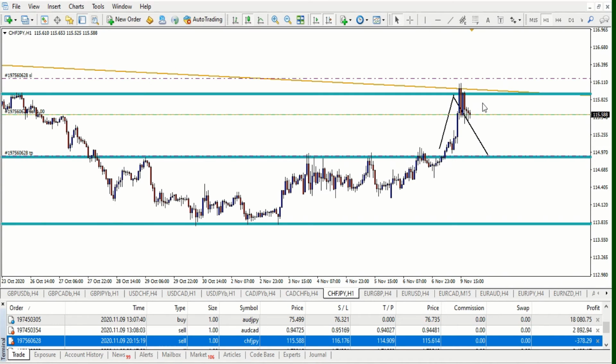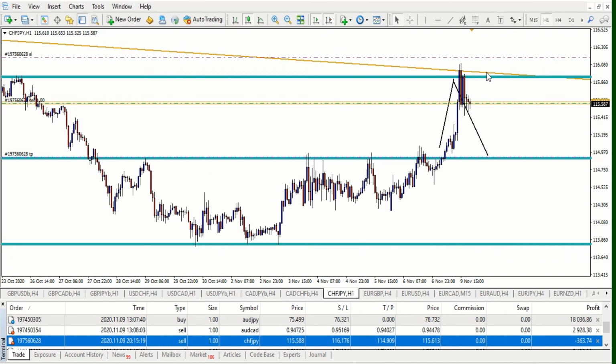As you know, these are uncertain times, especially with everything going on in the world, so I wouldn't be surprised if it just decided to spike up and take me out. But as I said, I've got good risk management and I can afford to lose that trade. At this point I feel that the bias is bearish and the market may move bearish.